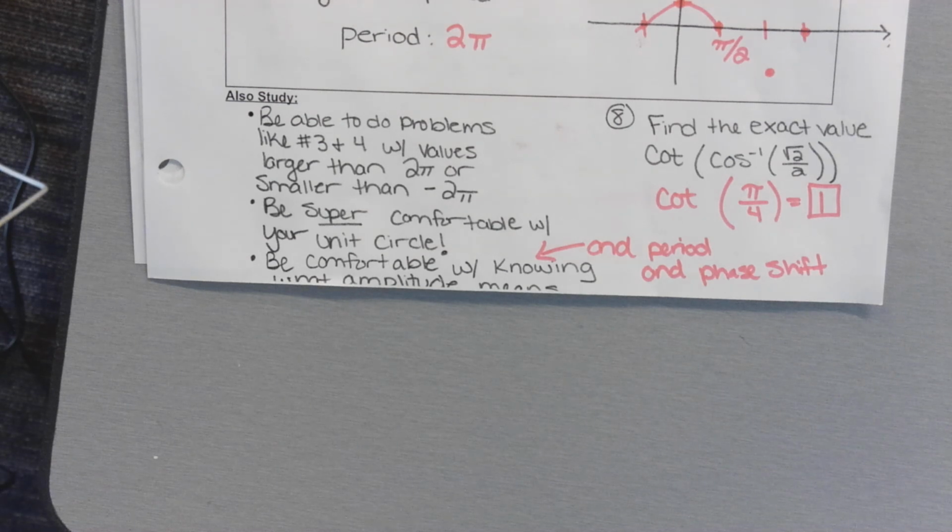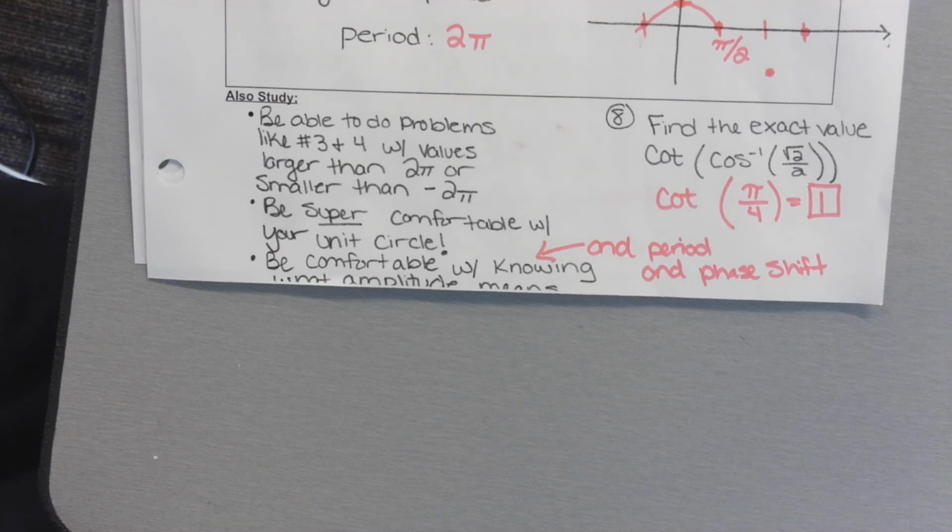It would be 2 over pi. Make sure you know how to find those things from the equation. And again, the only ones that have amplitude are sine and cosine. The rest we can find period and frequency, but the only ones with amplitude are sine and cosine.